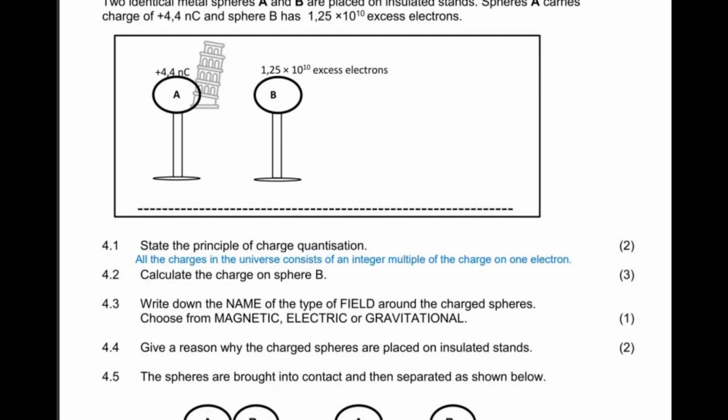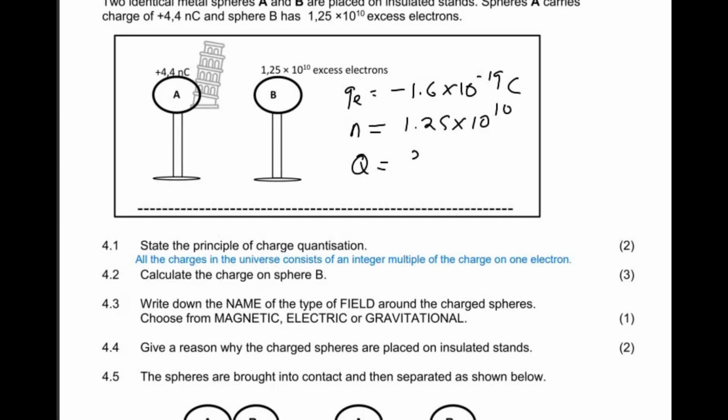We know that the charge of an electron, Qe, equals minus 1.6 multiplied by 10 raised to the power of minus 19 coulombs. We know the number of excess electrons, which is 1.25 multiplied by 10 raised to the power of 10. We need to find Q.